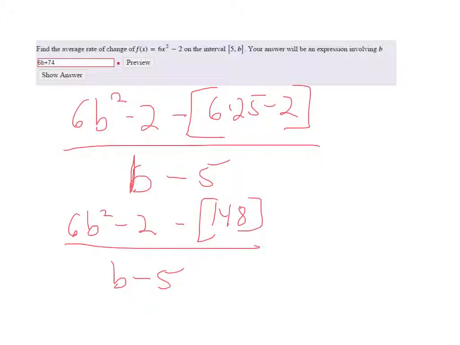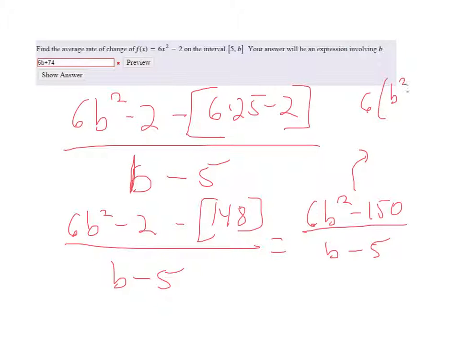And so negative 2 minus 148 is negative 150. That's going to give me 6b squared minus 150 over b minus 5. Then if I factor out a 6, that's going to give me b squared minus 25 all over b minus 5.